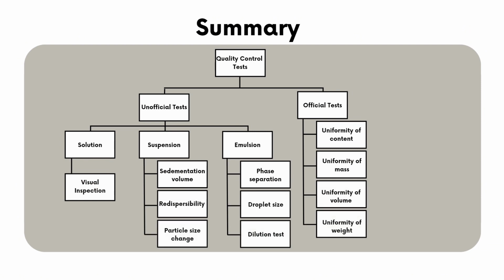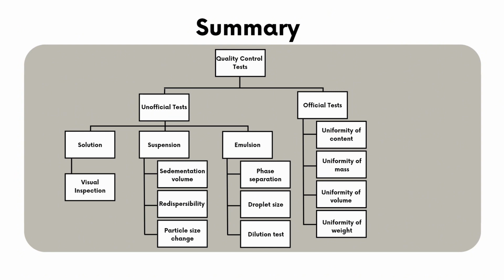In the end, I would like to summarize what we have talked about in this video. We have talked about quality control tests of liquid dosage forms, which can be classified into unofficial tests and official tests. For the unofficial tests, we use visual inspection for solution, and for suspension we use sedimentation volume, redispersibility and particle size change.